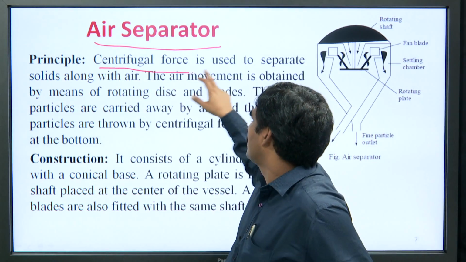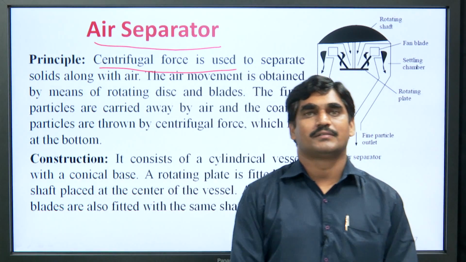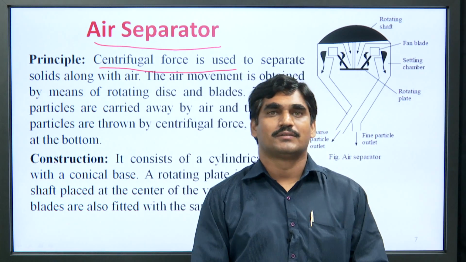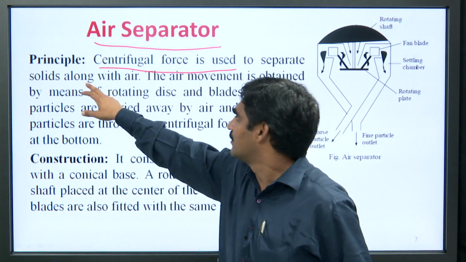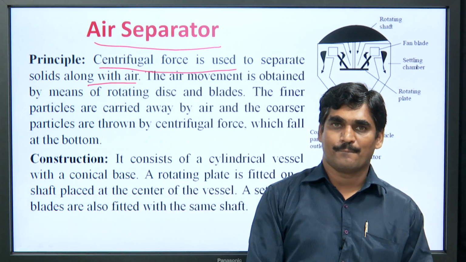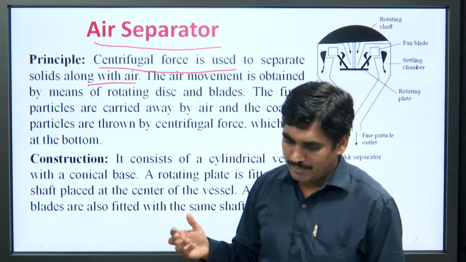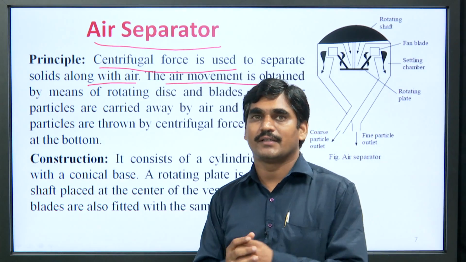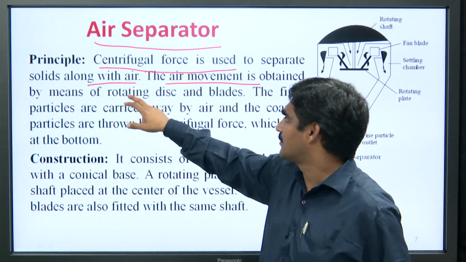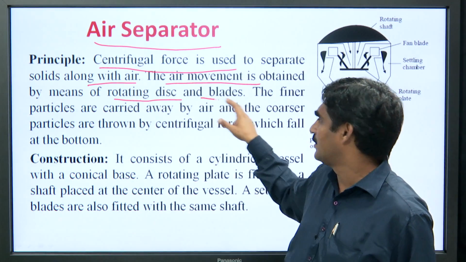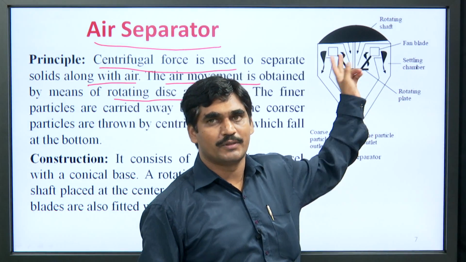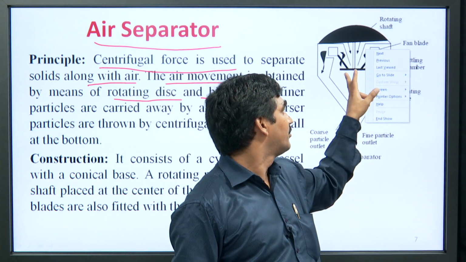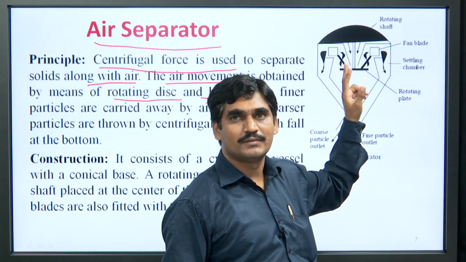The principle behind the working of this air separator is centrifugal force, which is used in this case to separate solids along with air. What happens? The air movement is obtained by means of a rotating disc and blades. As you see in the instrument, a fan blade is there, and a rotating plate is there.